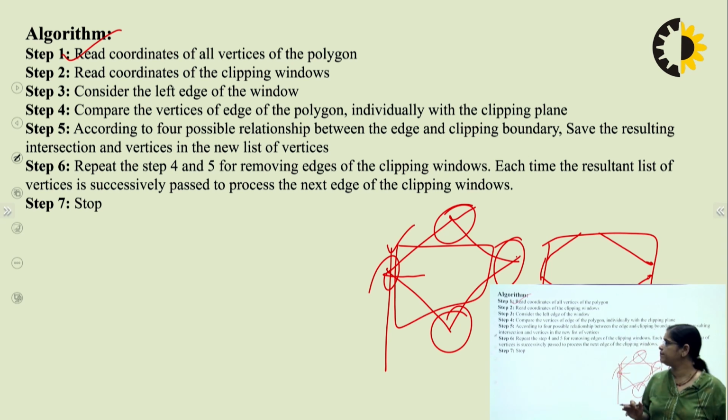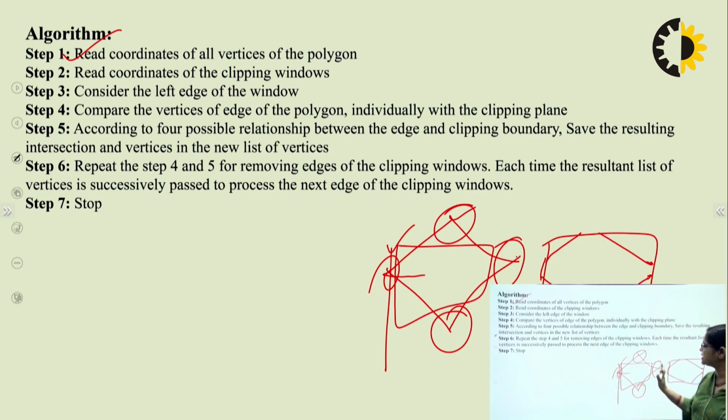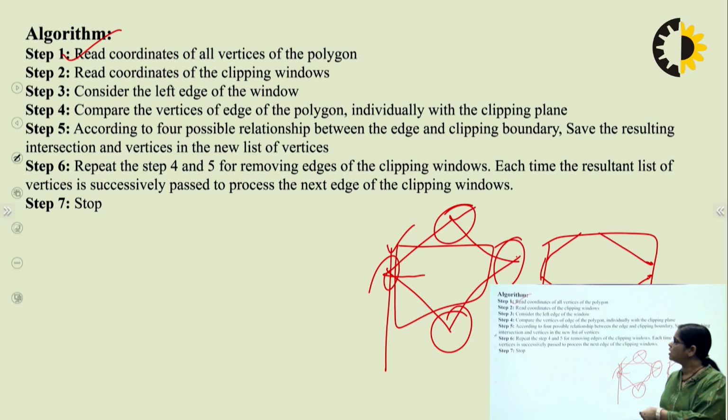We will repeat these steps if we are working on a hexagon or a pentagon, right? After that, when we have successfully passed through the clipping window edges, we will stop. So this is all about the Sutherland-Hodgman clipping.